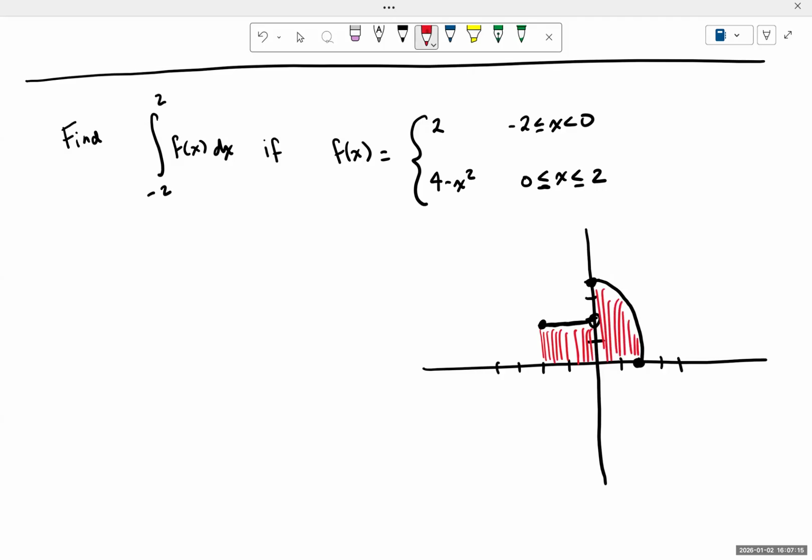Now, if you had a problem where it was going off to infinity, that's a different situation. But this is bounded. I can just break this up into two pieces. Your function is piecewise defined, defined differently on a different domain, but that's okay.